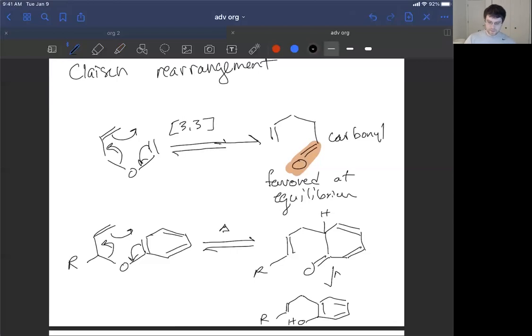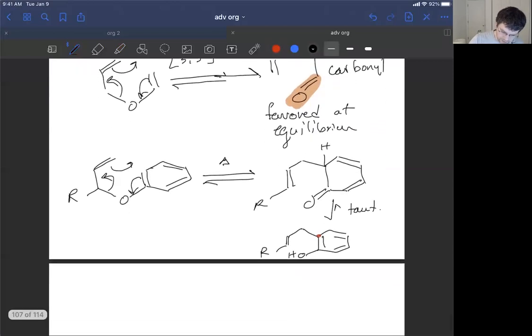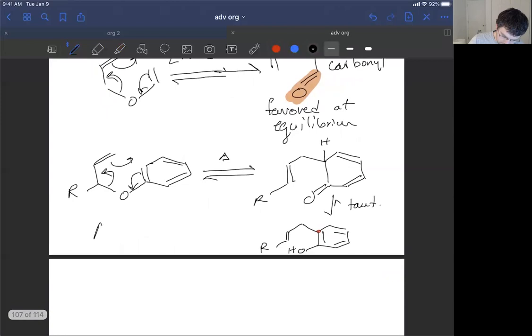That is, if we did the 3,3 sigmatropic rearrangement again, we'd have to first tautomerize out of aromaticity as opposed to rearranging out of aromaticity. So we'd have to achieve tautomeric equilibrium to put the hydrogen back at this position. It's just not favorable. So this reaction is driven towards an aromatic enol tautomer.